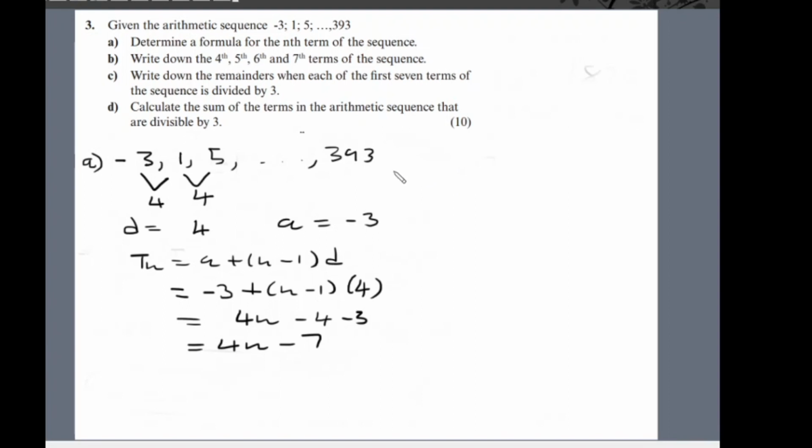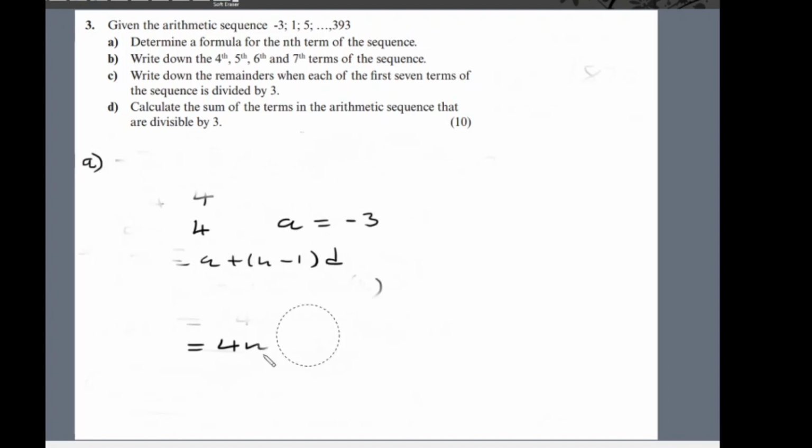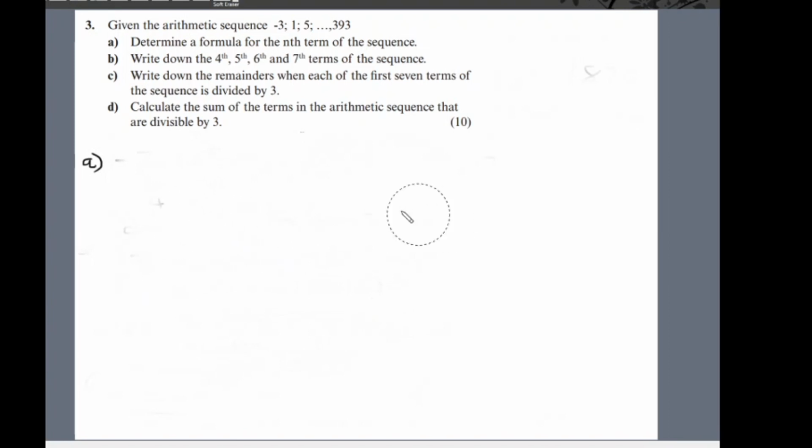You will write it here: Tn is equal to 4n minus 7 for question A.